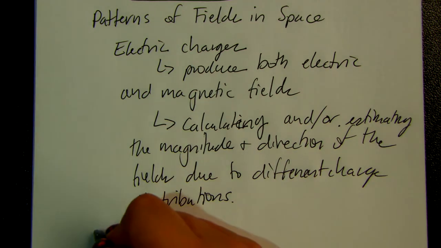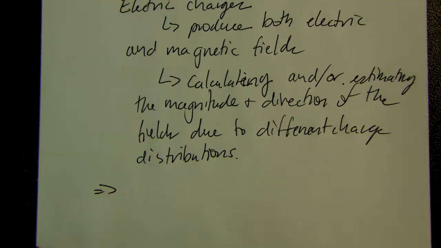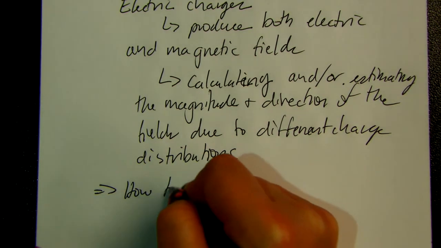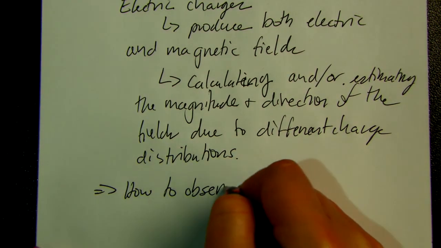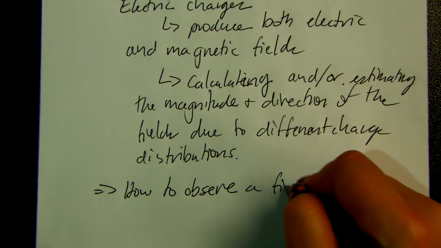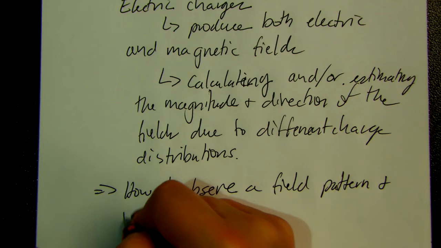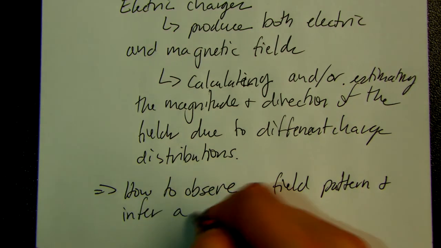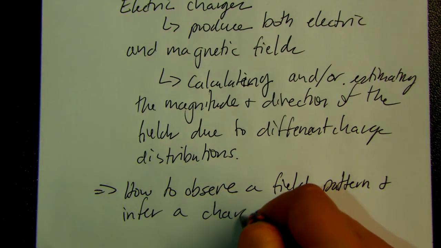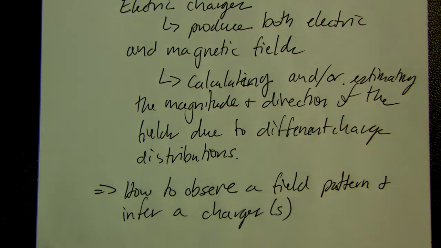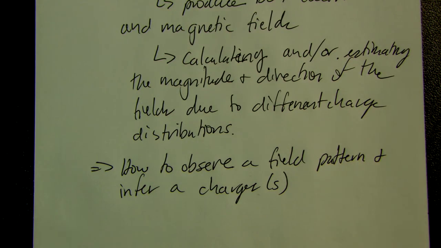So, what we're going to be doing in this chapter is how to observe a field pattern and infer a charge or charges. So if you observe a field, what does that tell you about the cause of it? And this, from a practical point of view, is actually the more realistic of the two scenarios.